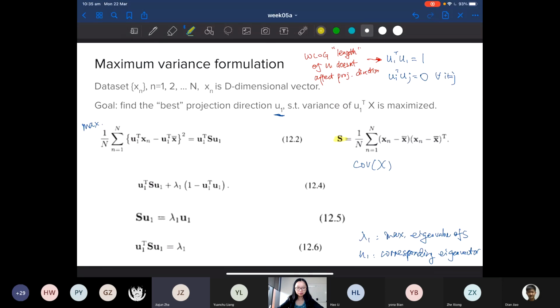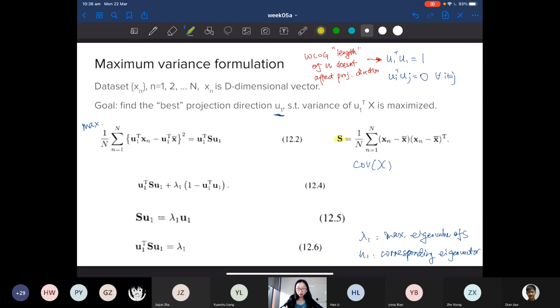If we already assume that U1 is going to be found later, and U1 is going to be multiplied throughout the whole data set, which means S is a fixed value here. And when S is fixed, we can find all the eigenvalues. The eigenvalues are only defined for the covariance matrix throughout the whole data set.